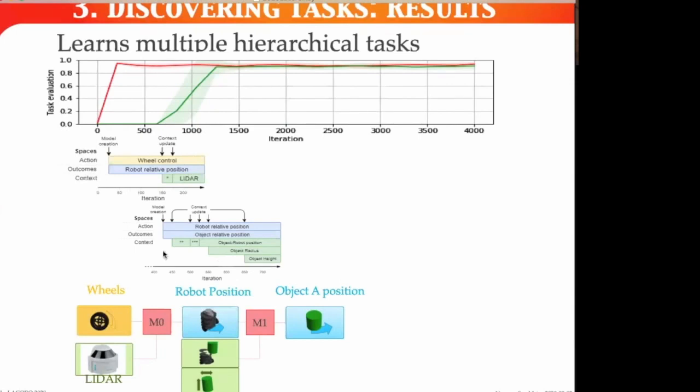And here, the outcome is the object position, and we can see that the input is the robot's position. So it learns to link directly the object position to the robot position. And it means that it can reuse the knowledge that it has on controlling the robot position.